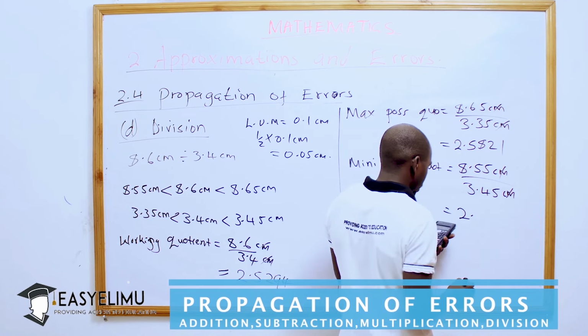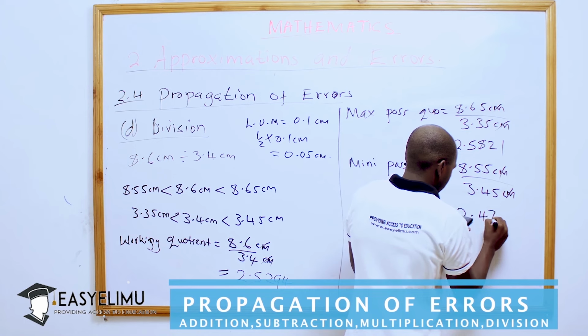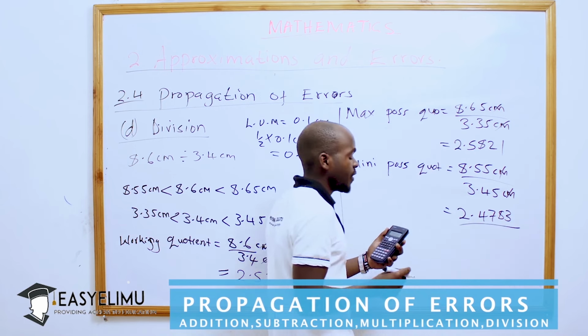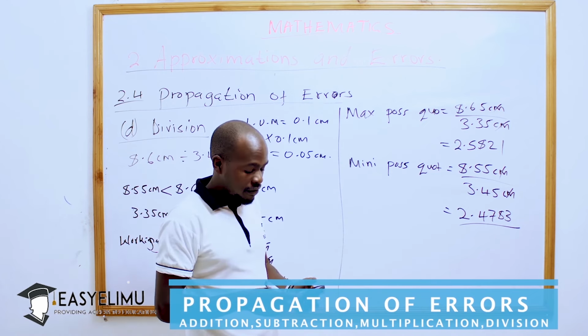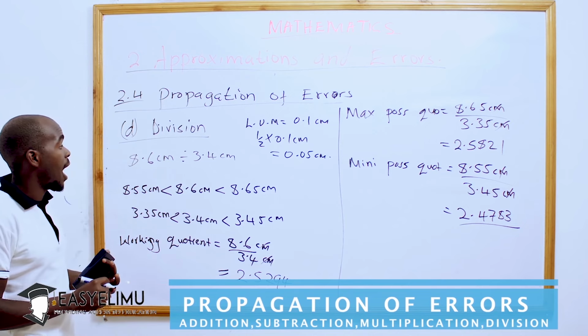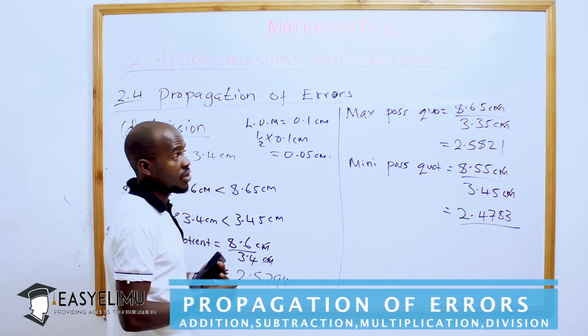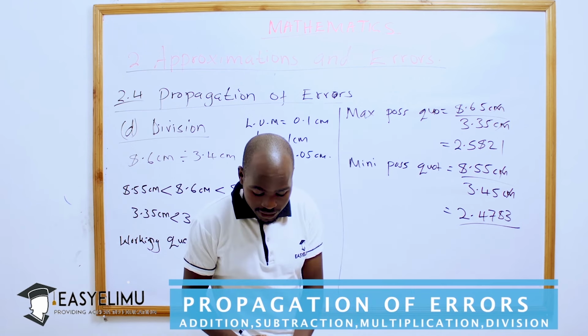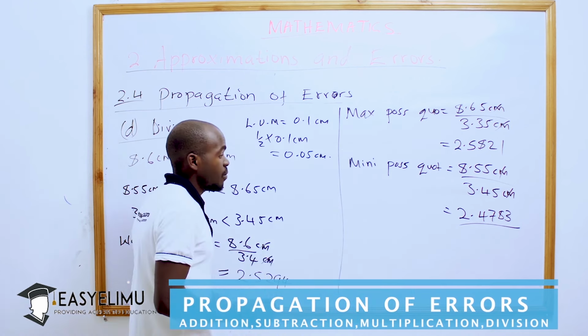This is going to give us 2.4783 to 5 significant figures. And remember that the units are disappearing because we are dividing. From there, we can calculate the errors obtained here.